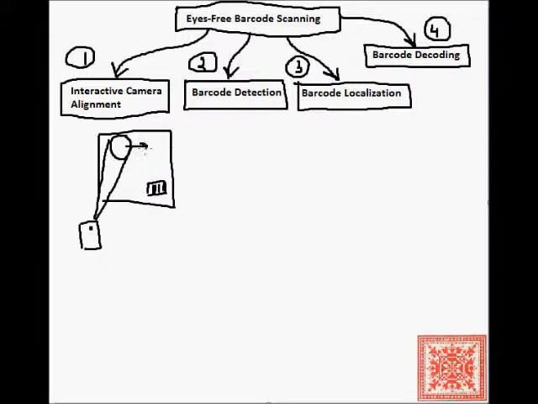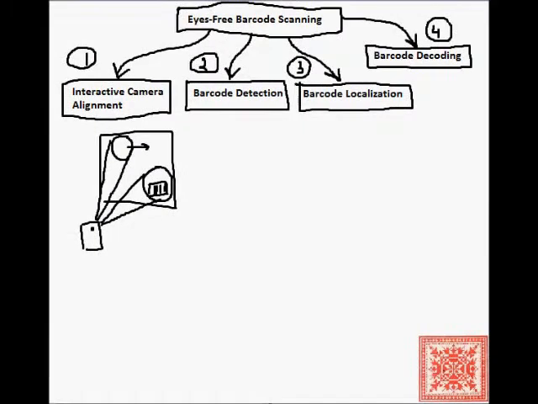Here's a flashlight, and it's looking for a barcode on that surface, and eventually, if there is a barcode present on that surface, it's going to be within the cone of vision of the camera and will be identified. So this is very different from the commercial solutions out there that assume that the camera has already been perfectly aligned.